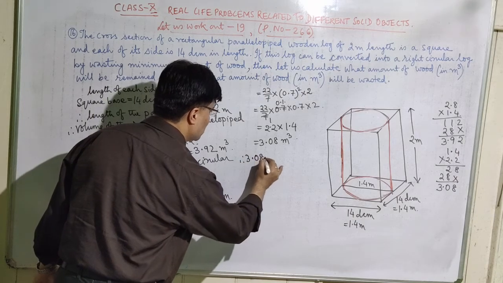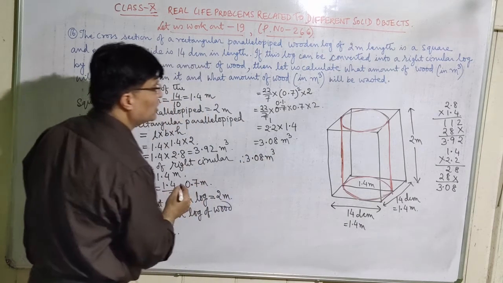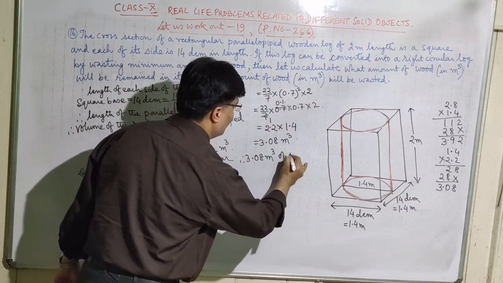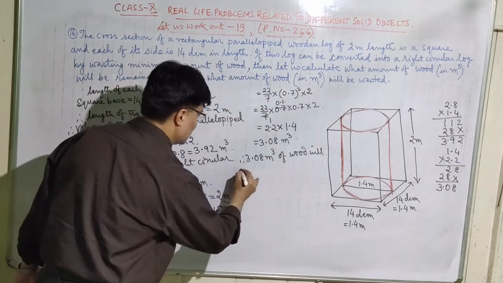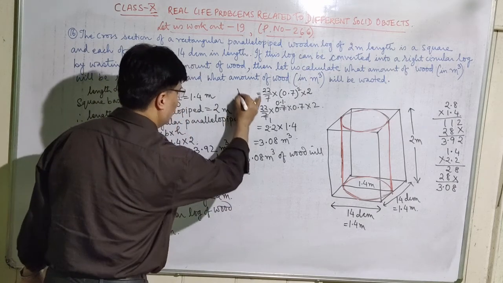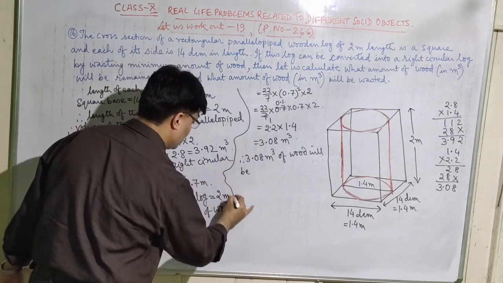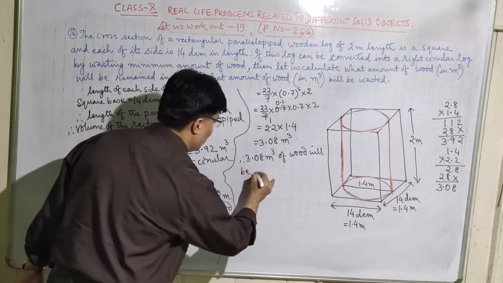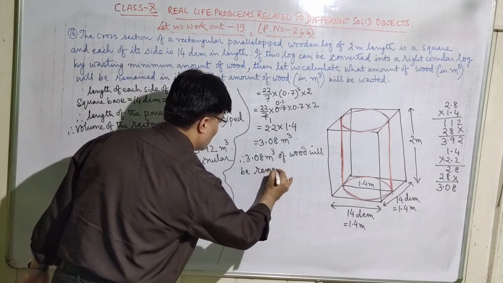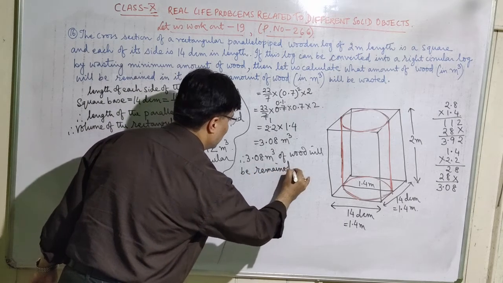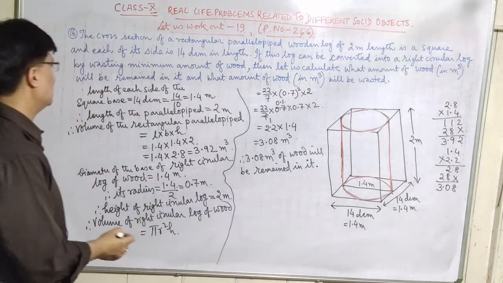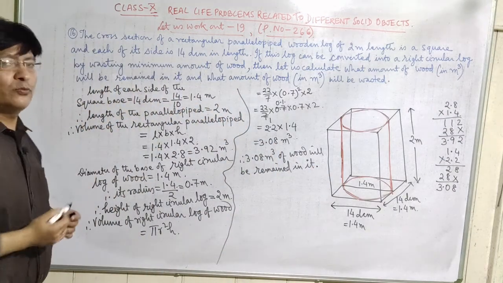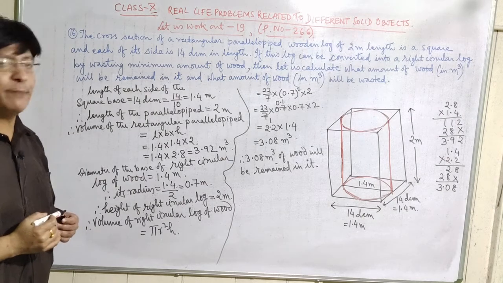Therefore 3.08 meter cube of wood will remain in it. So we have got the answer for the first part.